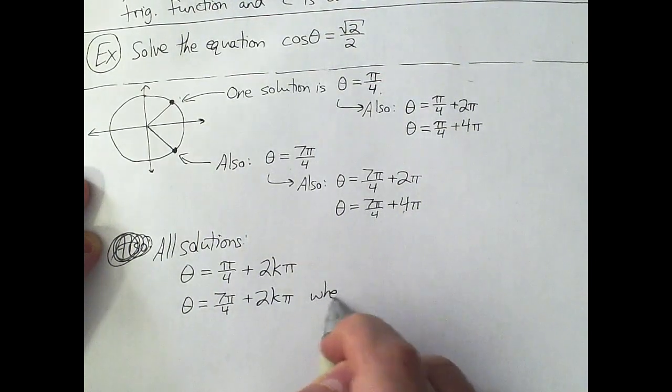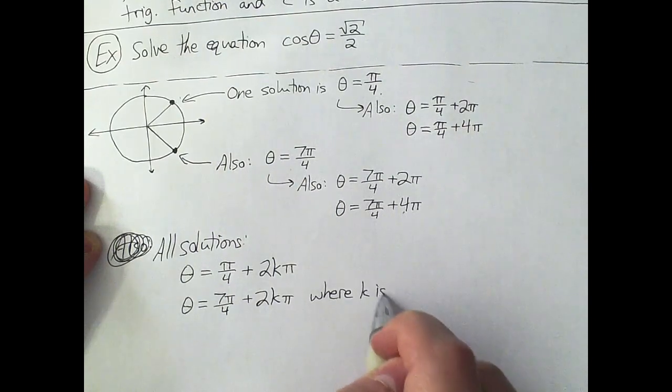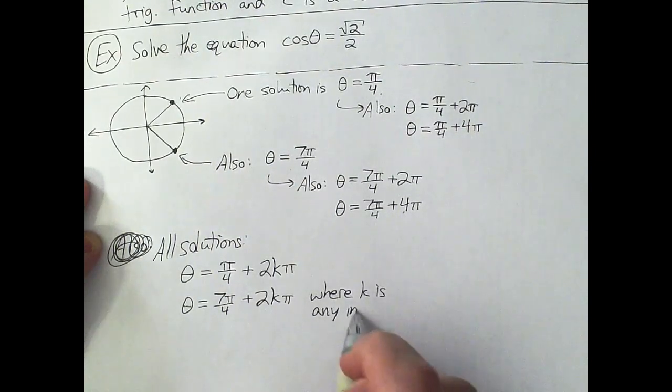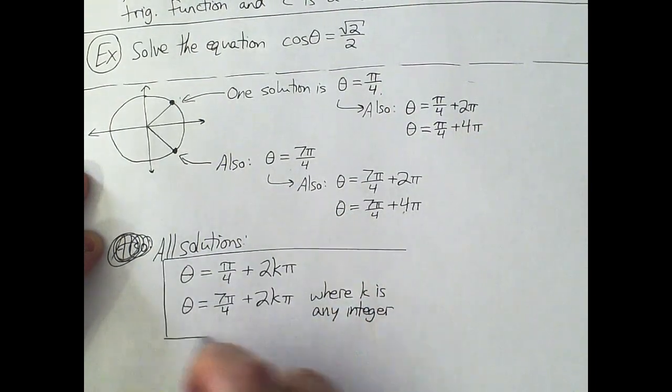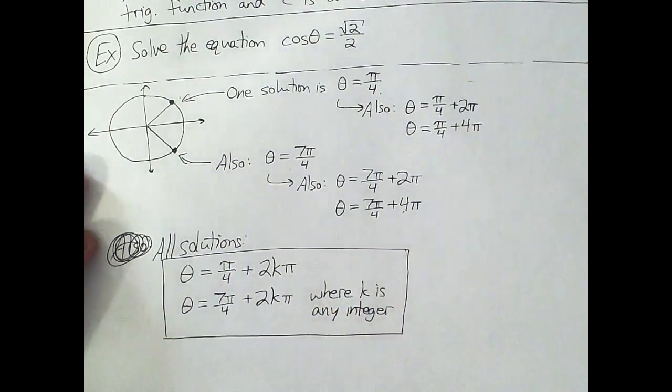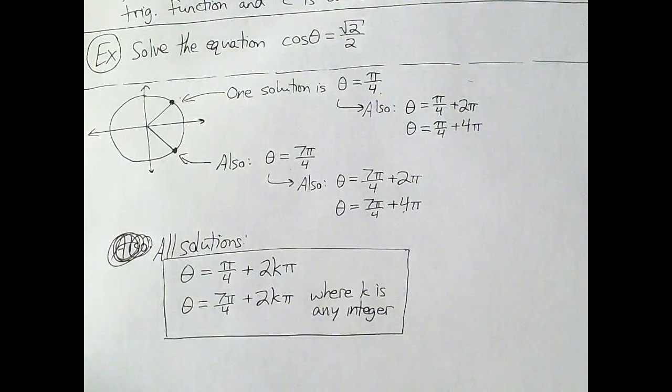And we say this is happening where k is any integer. And that describes all solutions to this equation. If cosine of theta equals square root of 2 over 2, theta has to be a number of this form. It's either going to be pi over 4 plus 2 times an integer times pi, or it's going to be 7 pi over 4 plus 2 times an integer times pi.